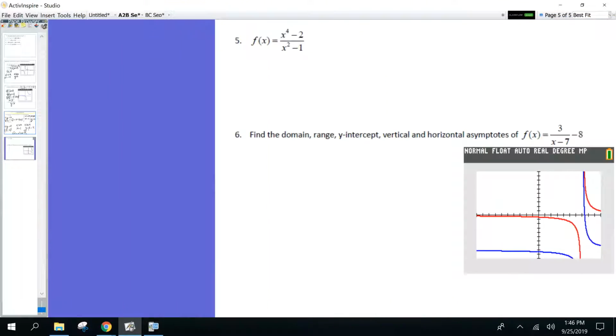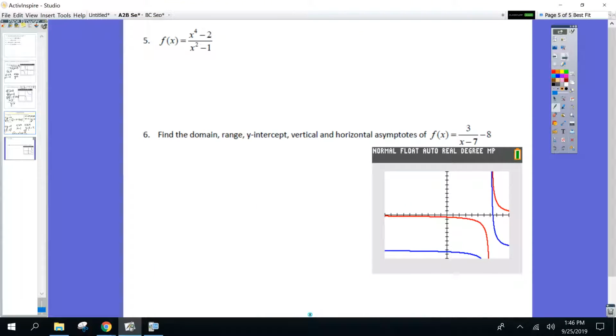All right, one more on your plate. First, find the y-intercept. Zero to the 4th minus 2 over 0 squared minus 1.